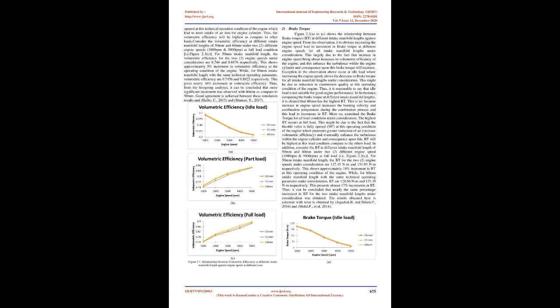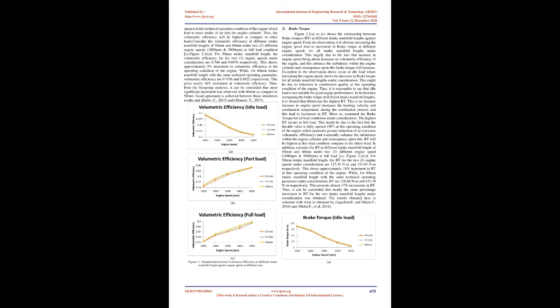Consider the volumetric efficiency at different intake manifold lengths of 50 mm and 60 mm under two different engine speeds, 1000 rpm and 5000 rpm, at full load condition, i.e. Figure 2.1 c. For 50 mm intake manifold length, the volumetric efficiency for the two engine speeds under consideration is 0.744 and 0.8876 respectively. This shows approximately 5% increment in volumetric efficiency at this operating condition of the engine.